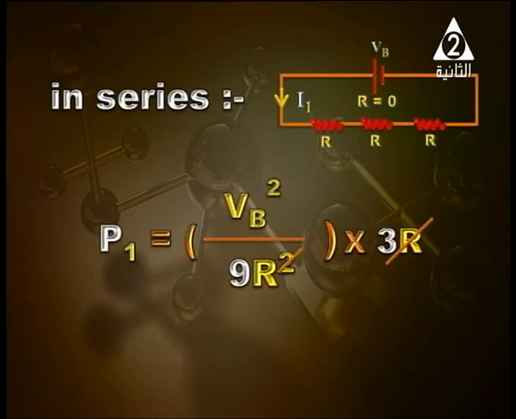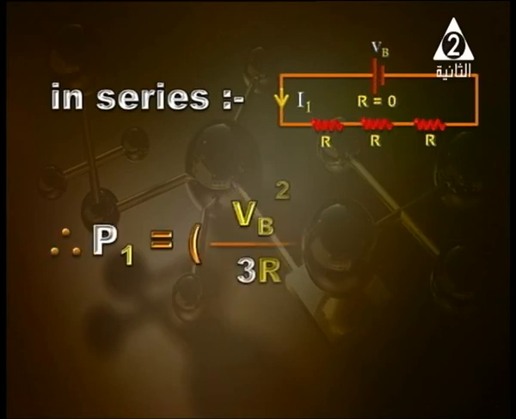R will be crossed out, and we can say P1 equals VB squared over 3R. This was about connecting the three lamps in series. The power is calculated from the relation VB squared over 3R.